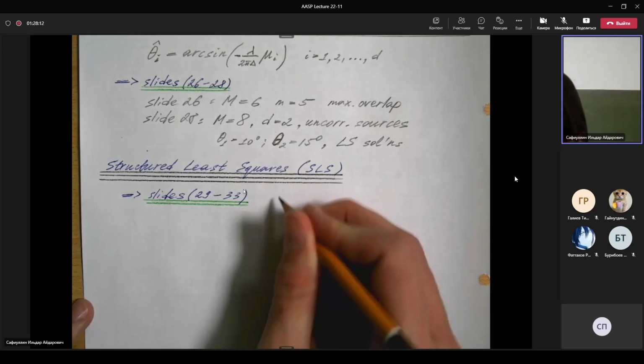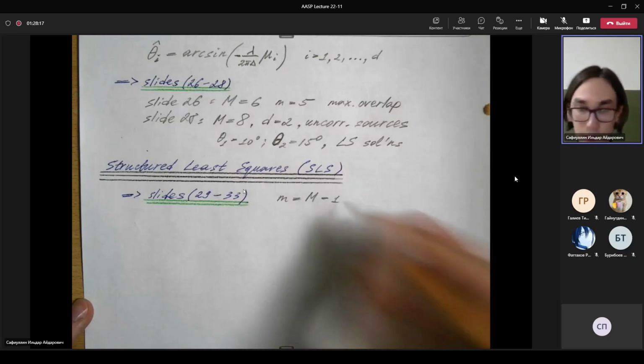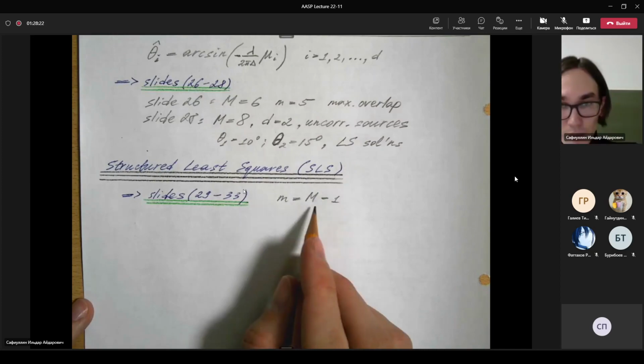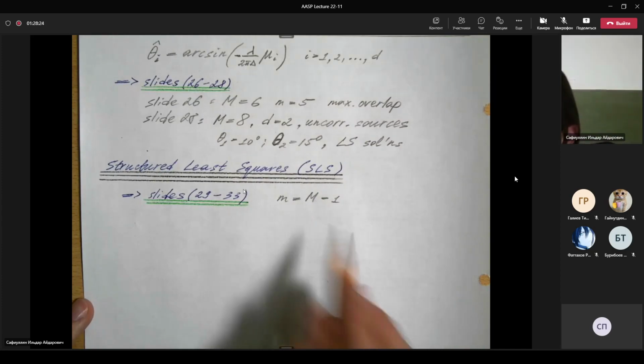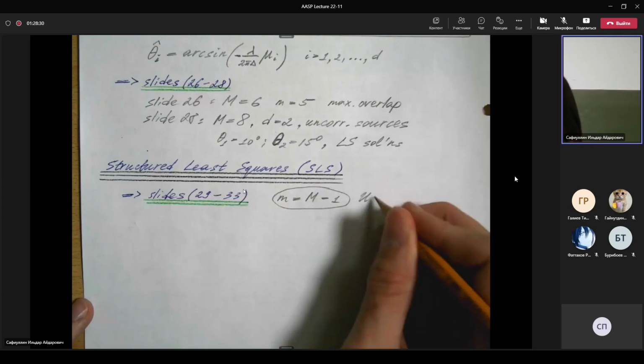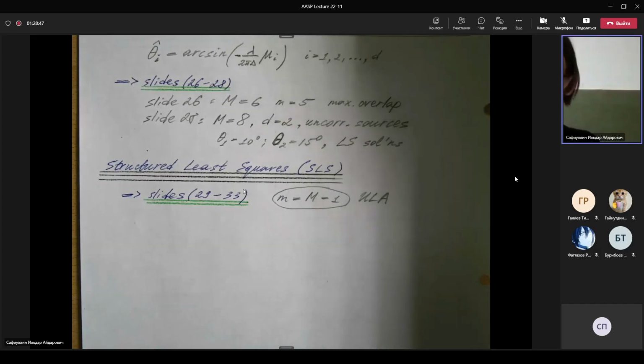So we can say that M, the number of elements in the subarrays, is equal to the overall number of elements minus 1. And we use a uniform linear array.